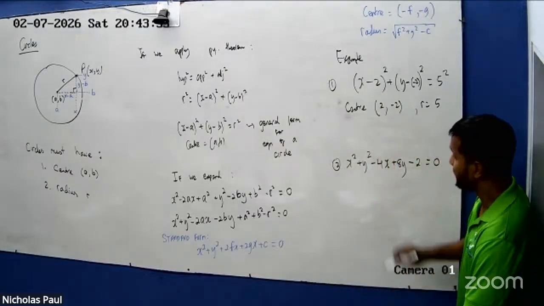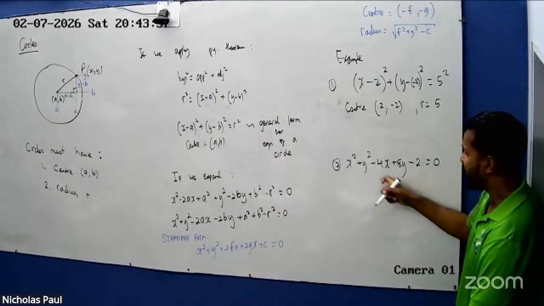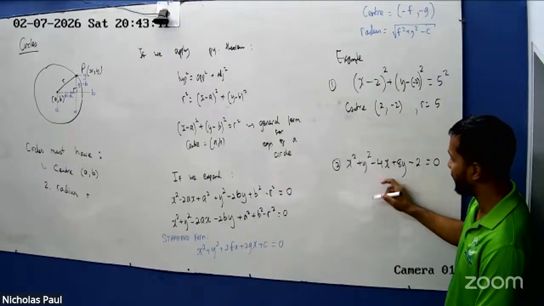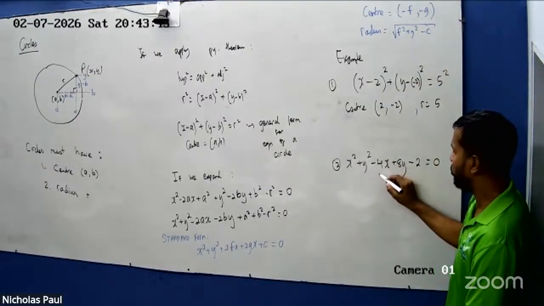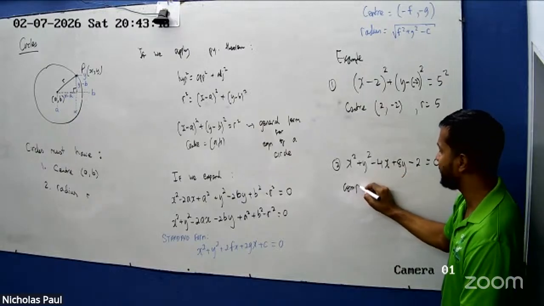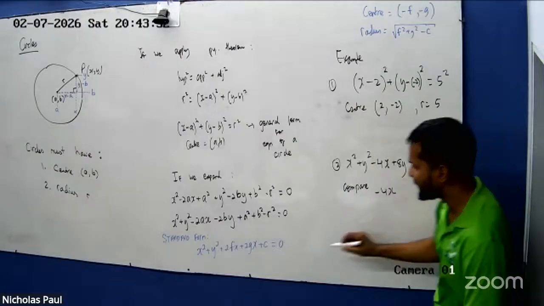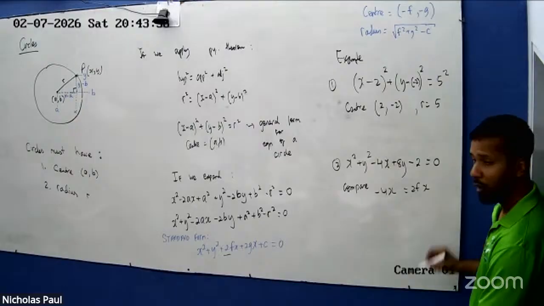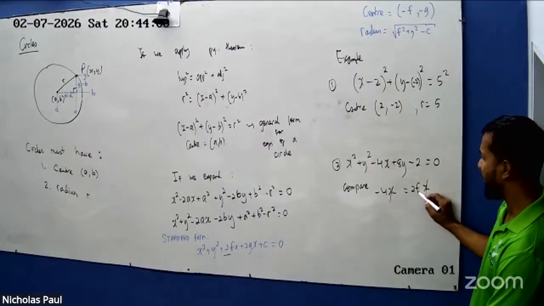Here, how do I find the center and the radius? What you have to do is a little bit different. I need to find minus f and minus g. So we compare minus 4x with 2fx. The x will cancel, so minus 4 is 2f.